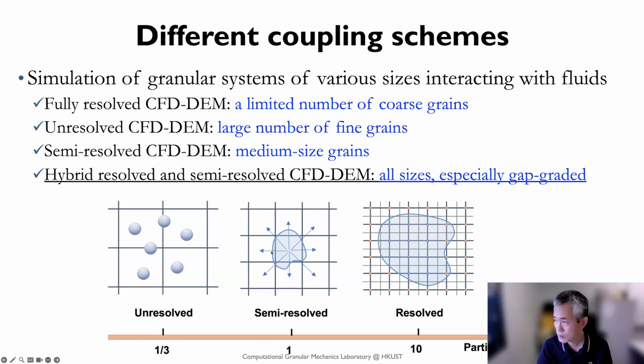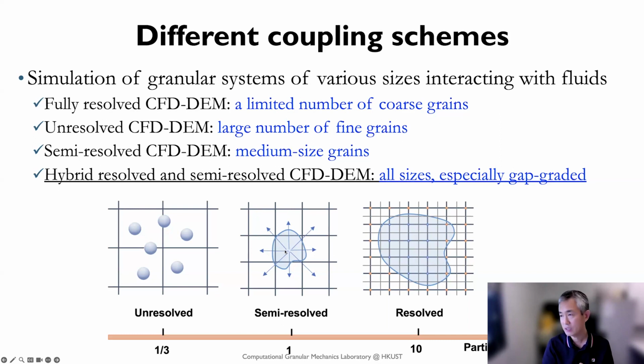But in real situations, one method cannot suit all. For example, for unresolved, of course, the computational efficiency can be high because we have a coarse mesh, and for fully resolved, the resolution is high, but the computational cost is very high here.